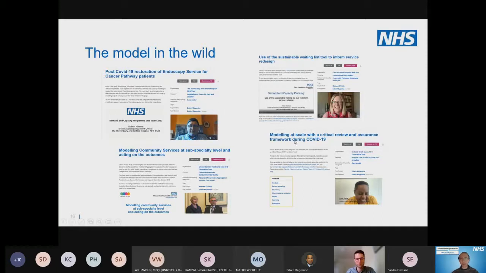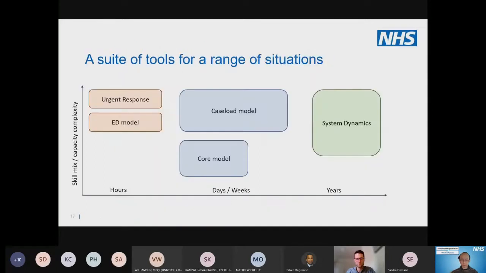So it's going from a quite strategic view, where you're looking at assurance that you've got something in place, for example, to quite specific areas about service redesign, or looking at specific pathways, or subspecialty levels, or examining the right granularity of modeling. There are lots of different ways that this can be applied. It's very much about thinking what your needs are and how this can work for you.